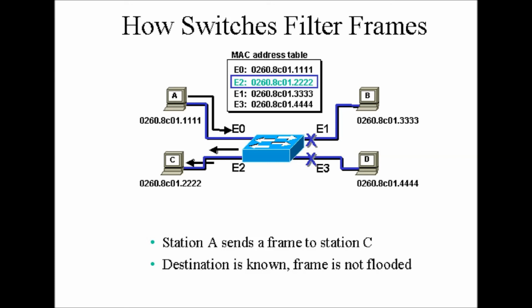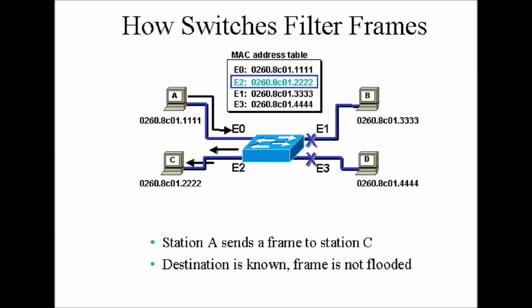First of all, there are four different devices connected to the switch: PC A, PC B, PC C and PC D. Computer A contains the physical address shown over here, and likewise computers B, C and D. The physical addresses of all four computers are shown, as well as the port numbers of the switch: Ethernet 0, Ethernet 1, Ethernet 2 and Ethernet 3.